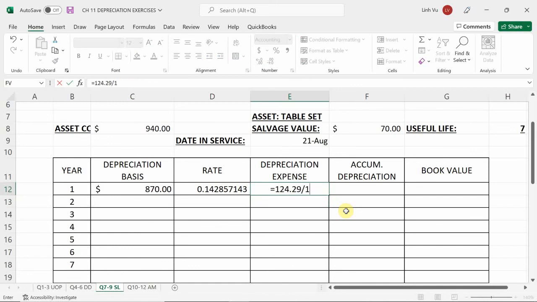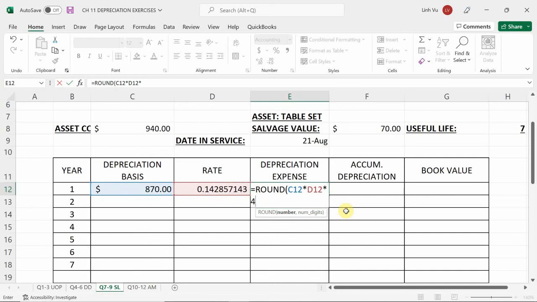If I divide that by 12, that's going to give me $10.36, right? And if I take $10.36 times 4, because there's 4 months, it'd be $41.44. Yes. So again, I think it's the easiest if you just go ahead and multiply straight across, right?